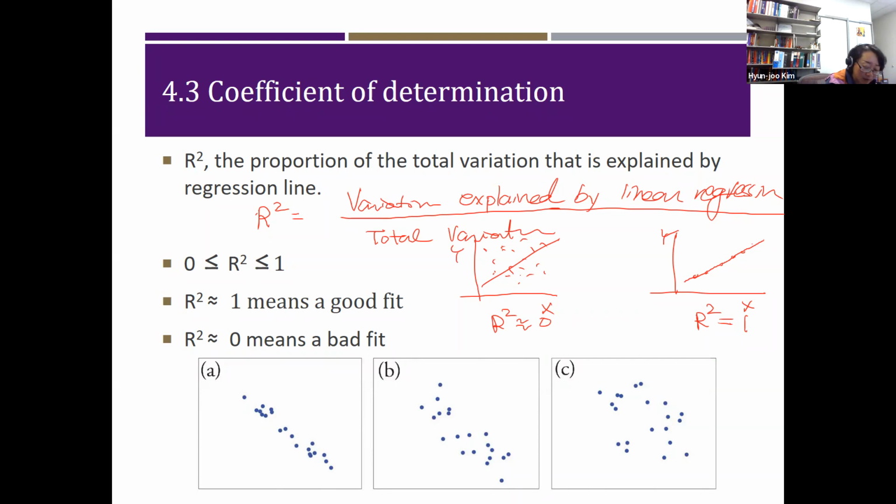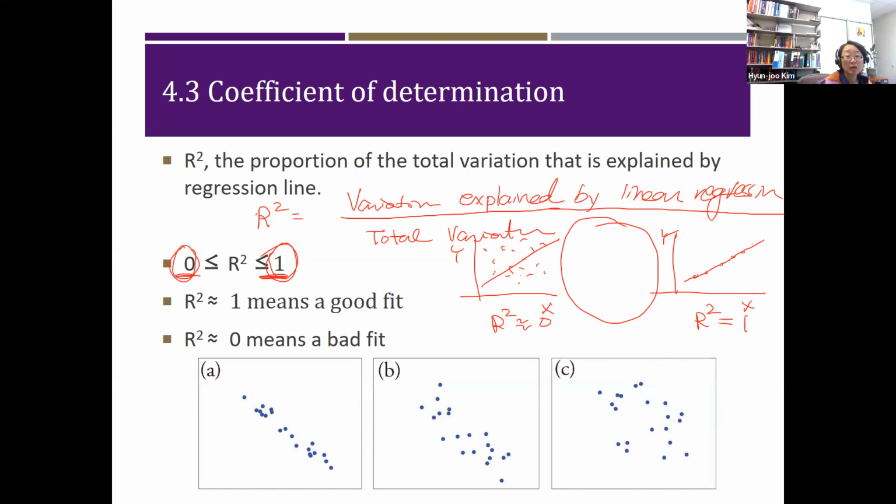And everything else is in between. So R square has a range of 0 to 1. If it is close to 1, your line is explaining almost everything about the variation in your data set. If it is close to 0, your linear regression line doesn't explain much of it.